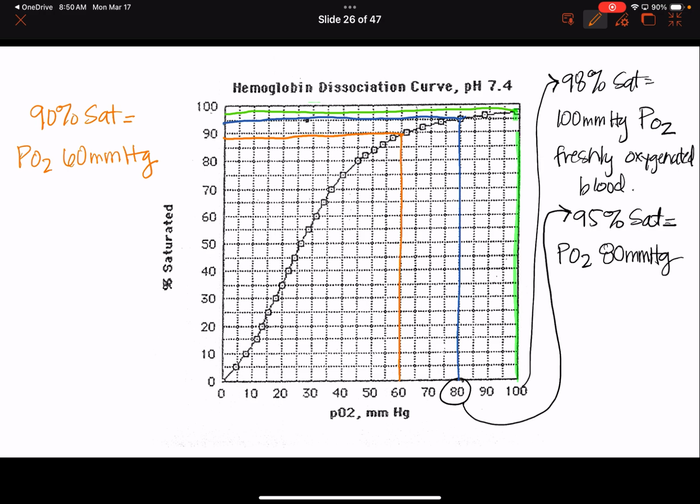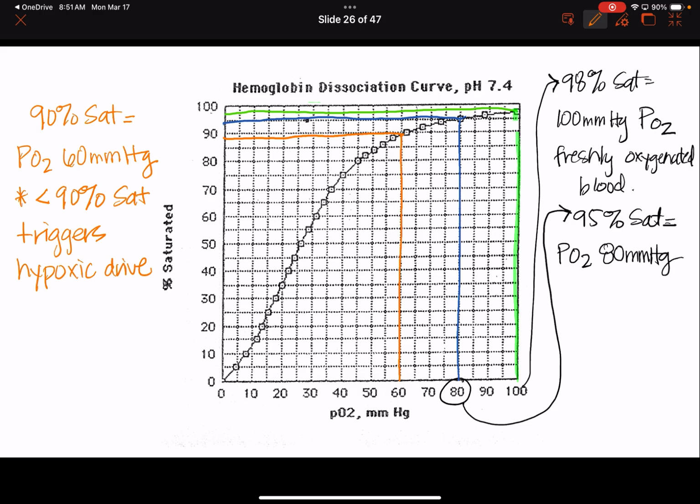And at less than 90%, if you drop below this 90% here, less than 90% saturation triggers something called hypoxic drive. So if your percent saturation drops to 90% or below, that's going to trigger something called hypoxic drive. You're not hypoxic yet, and you're not experiencing hypoxia yet.